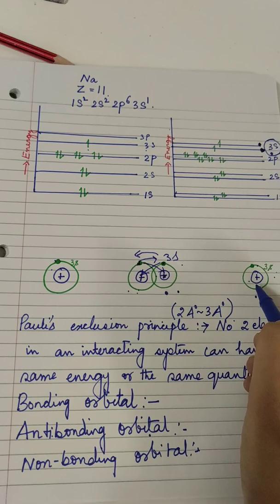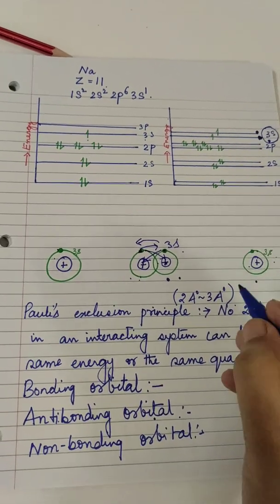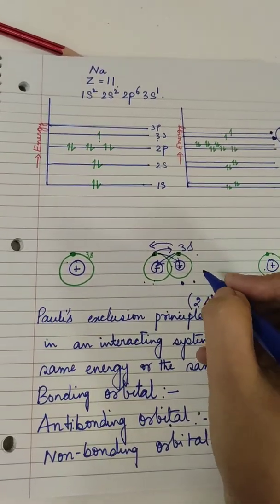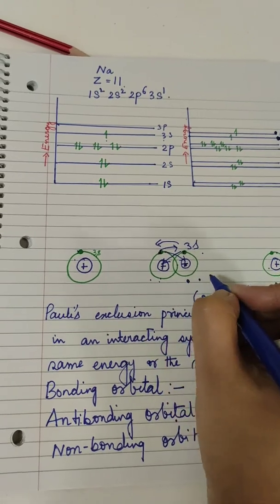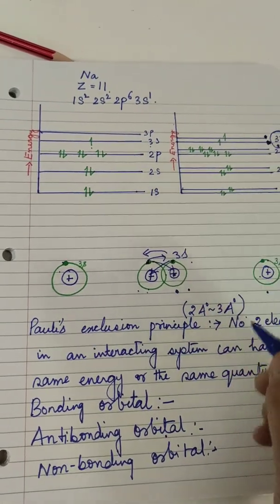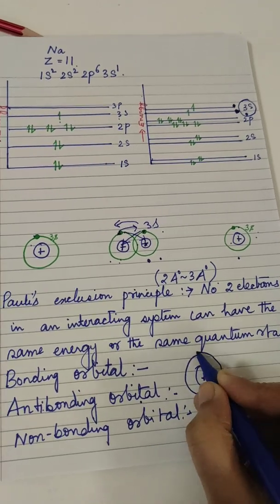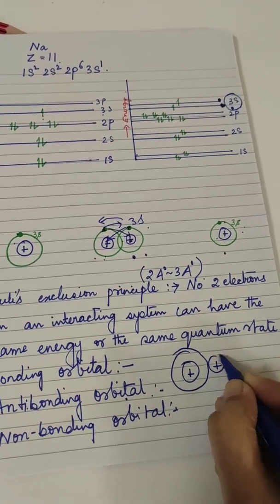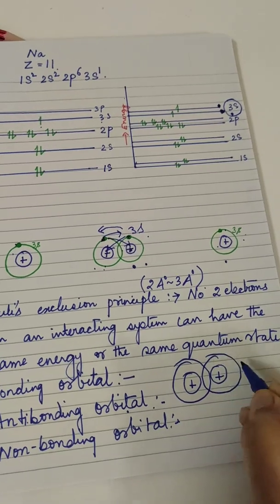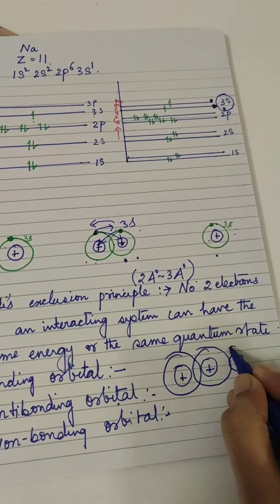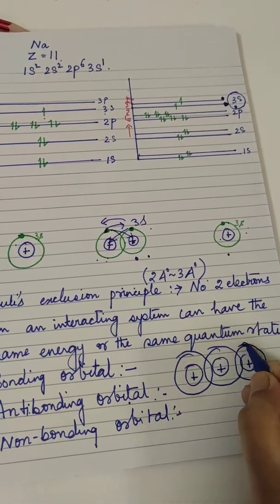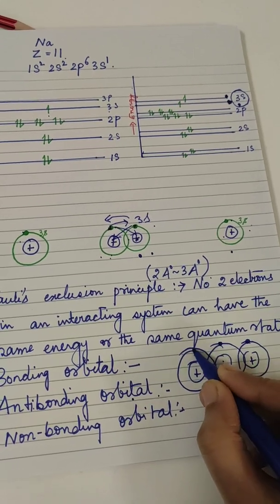Okay, so now if three atoms come close together, how many energy levels will there be in 3s? I'm talking about 3s atomic orbitals.